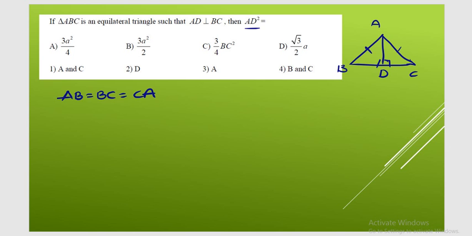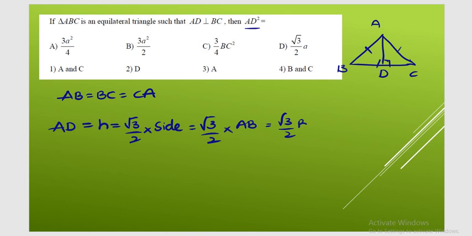Right? So what is AD? AD is nothing but height only, no? So what is the formula of the height of a triangle? Root 3 by 2 into its side only, no? Root 3 by 2 into side. So I can write it as root 3 by 2 into AB, or root 3 by 2 into BC, or root 3 by 2 into CA.